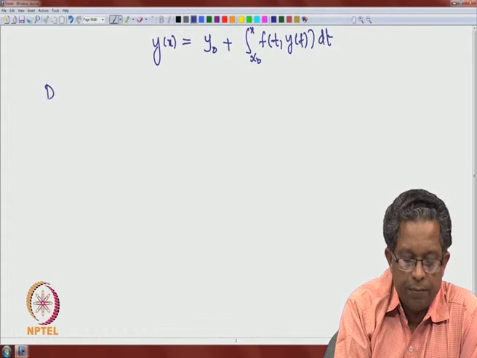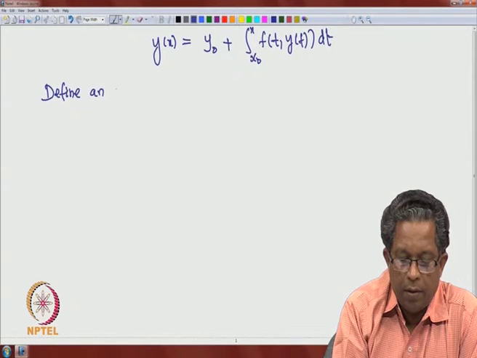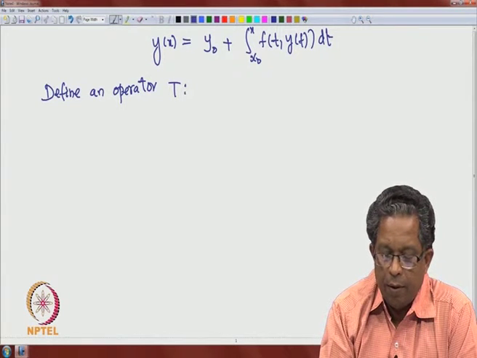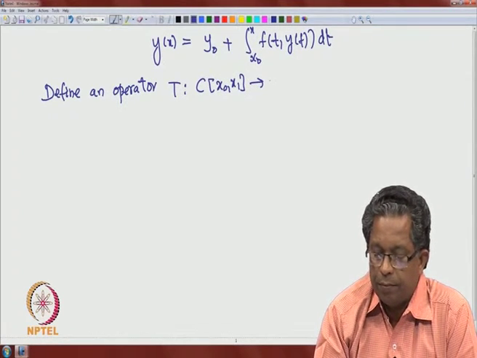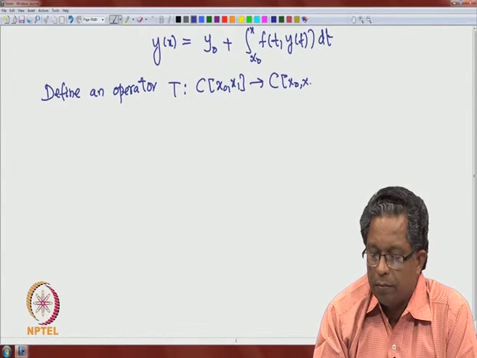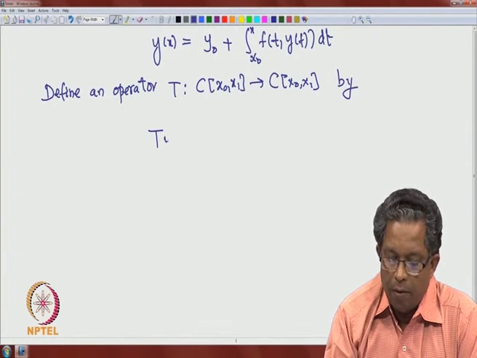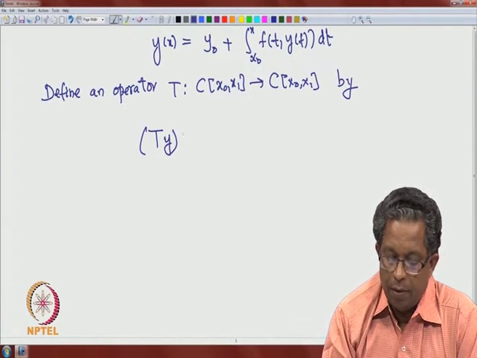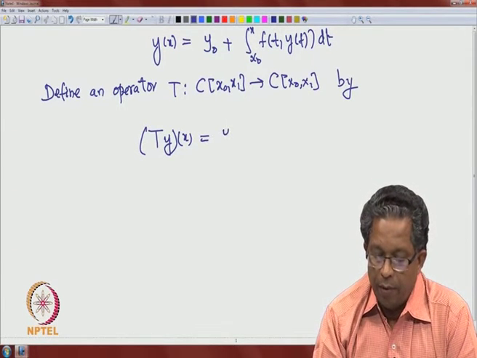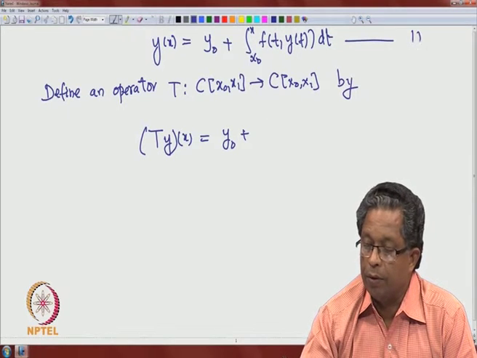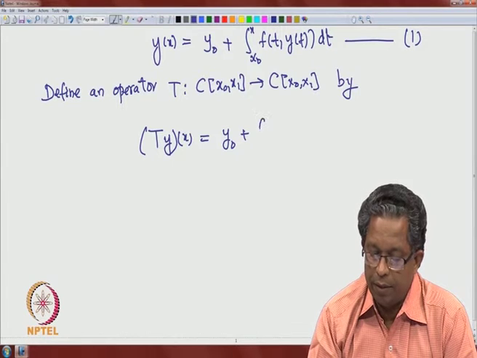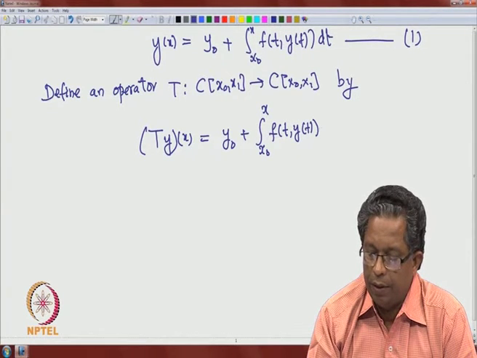Now, I define a mapping or an operator, call it T, from C[x0, x1] to itself by T(y)(x) = y0 plus the right hand side of your equation, call it equation 1: y0 plus integral x0 to x of f(t, y(t)) dt.